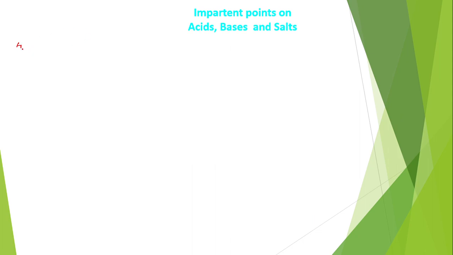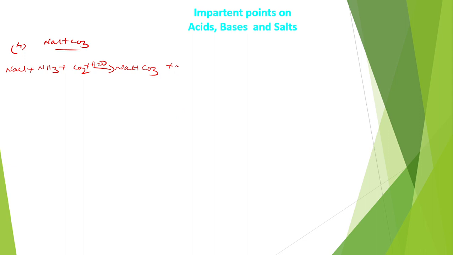So fourth, we will see baking soda. That means NaHCO3. What we have to get? NaHCO3. So we have to use NaCl as a raw material from the first reaction, plus ammonia plus carbon dioxide plus water.